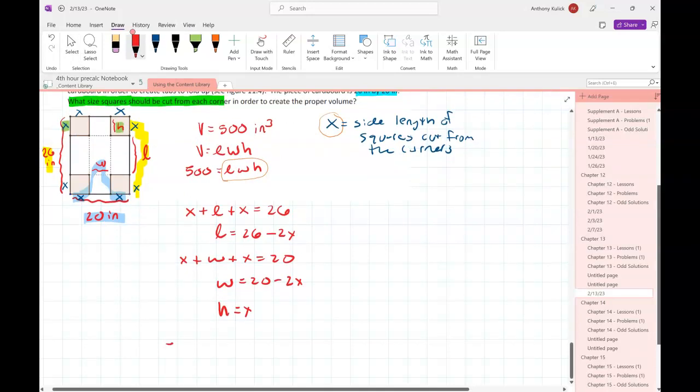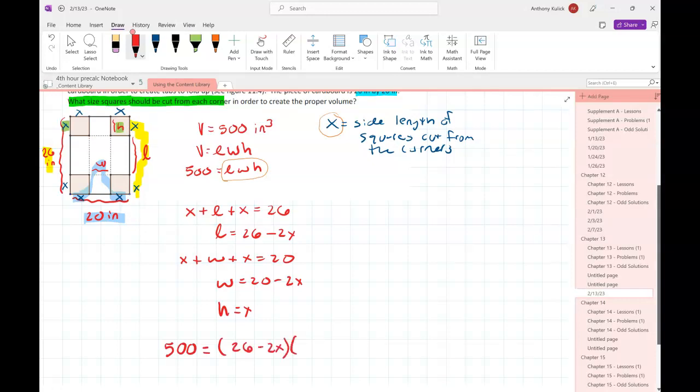So if we put this all together now, we have 500 equals, instead of length, I'm going to write 26 minus 2x. Instead of width, I'm going to write 20 minus 2x. Instead of height, I'm going to write x.